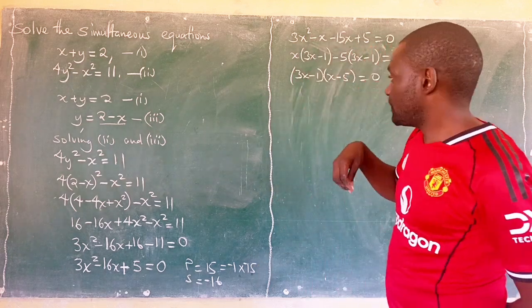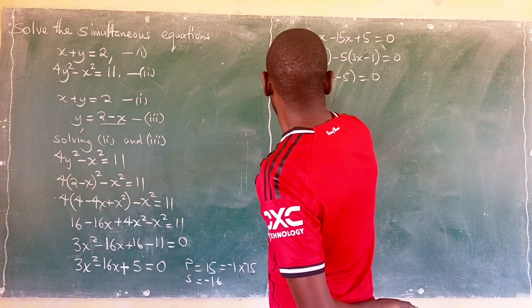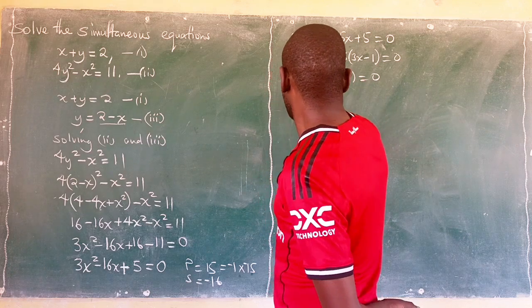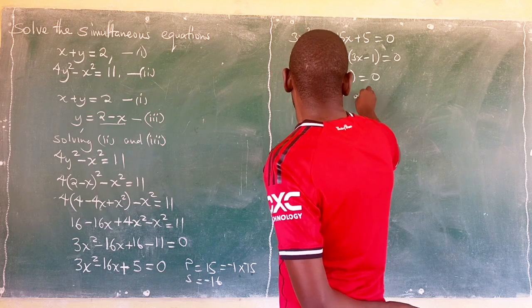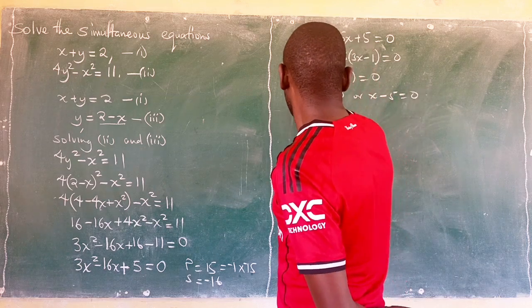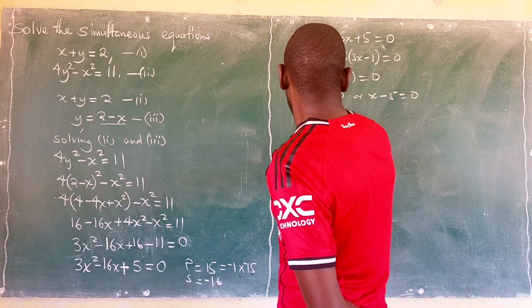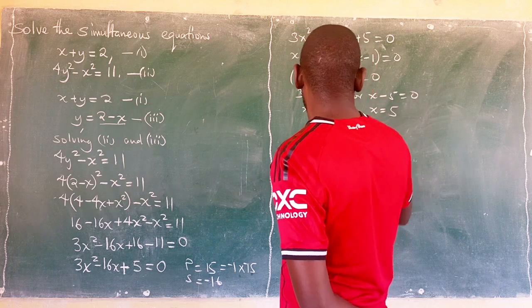Then we apply the null factor law. So the zeros for this one: if we equate it to 0, that gives us 3x minus 1 equals 0, or x minus 5 equals 0. And from here we are getting x equals 1 over 3, and then x equals the positive 5.